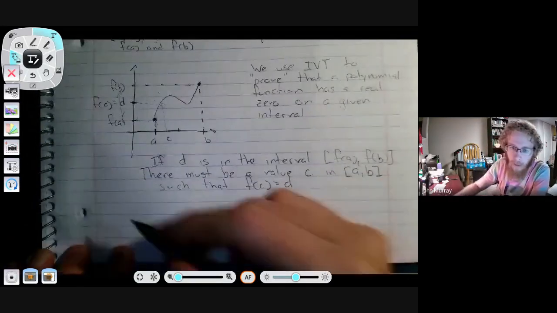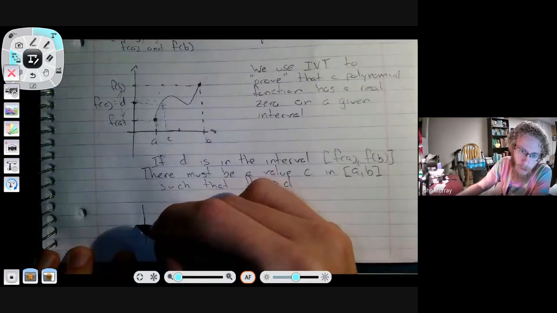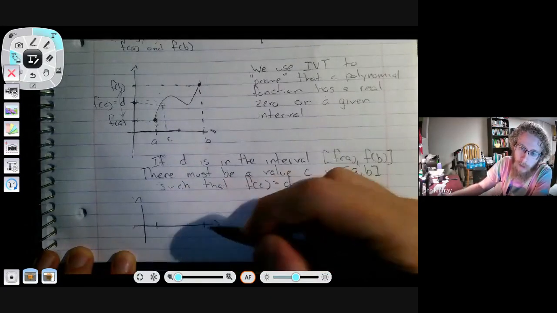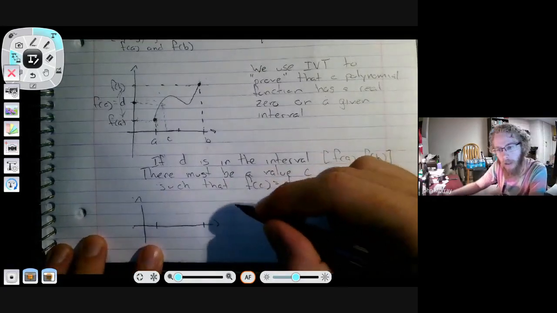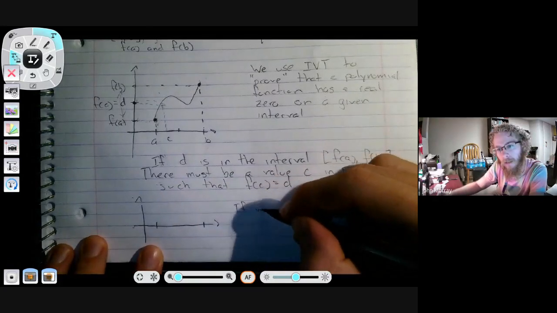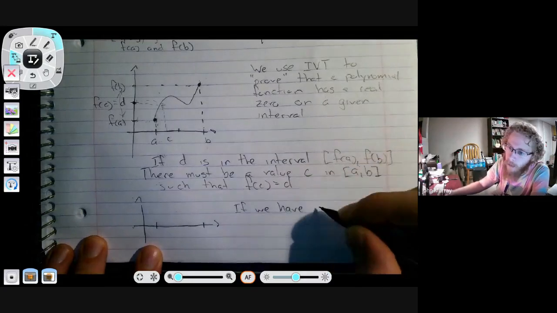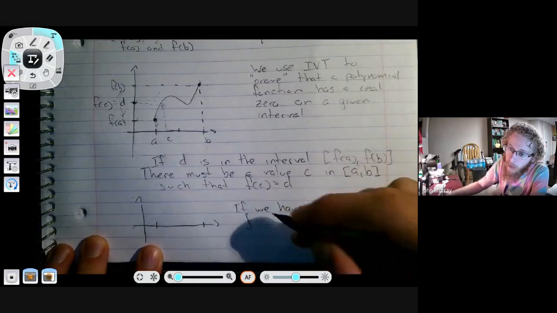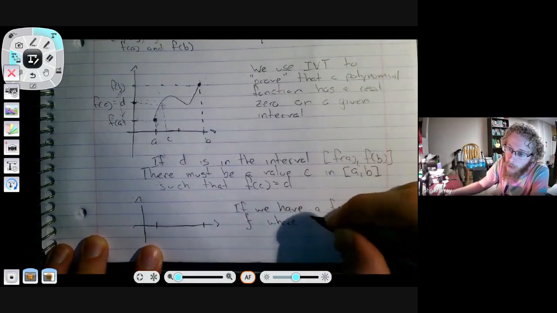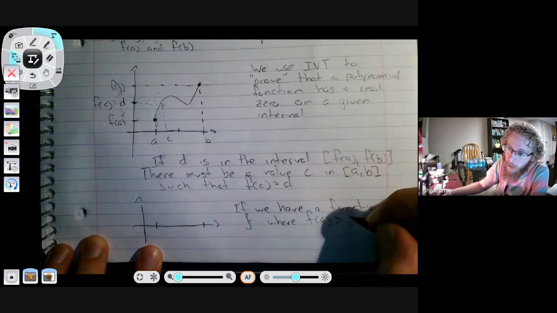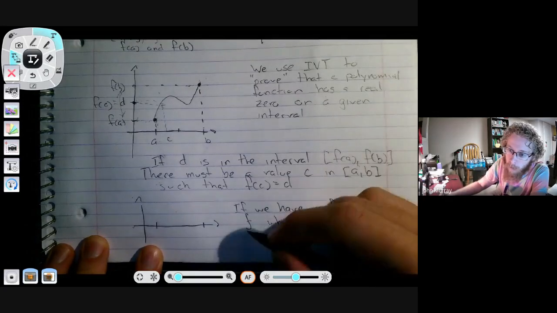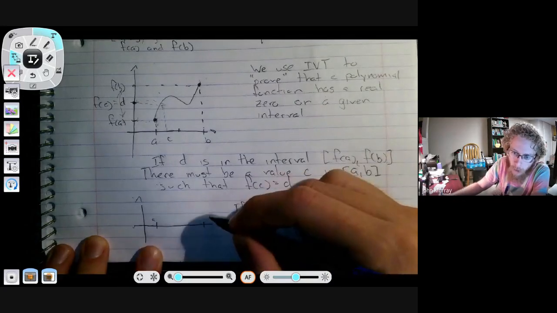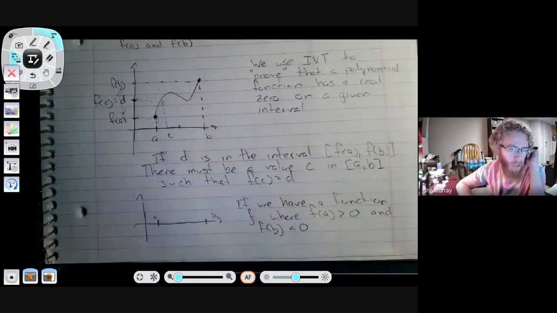So what I mean by that is if we have some function, right? So again, we're just talking, conceptually, with a and b.